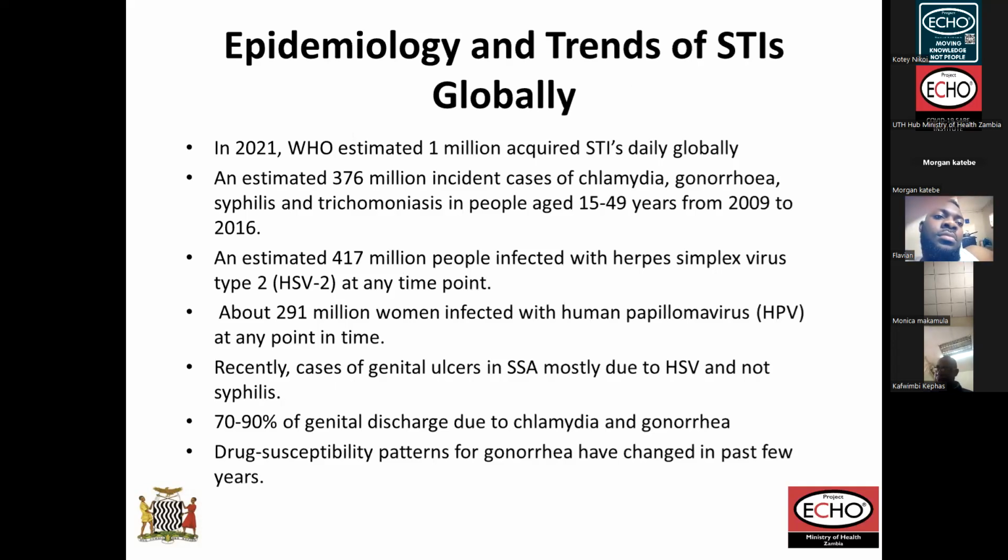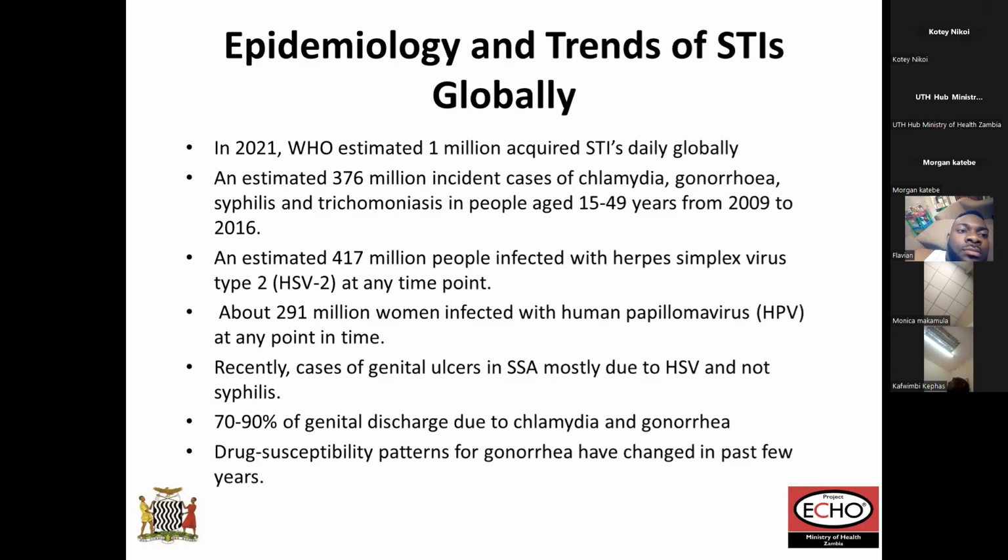And there was an estimated 376 million incident cases of these 4 STIs, chlamydia, gonorrhea, and trichomoniasis that cause genital discharge, and then syphilis, in people aged 15 to 49 years over a period of time from 2009 to 2016, and that an estimated 417 million people were infected with HSV at any given point in time. And then also about 291 million women were infected with HPV at any given point.